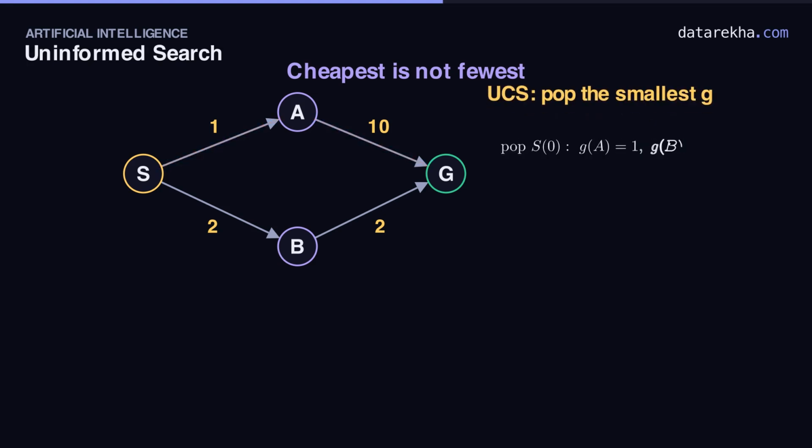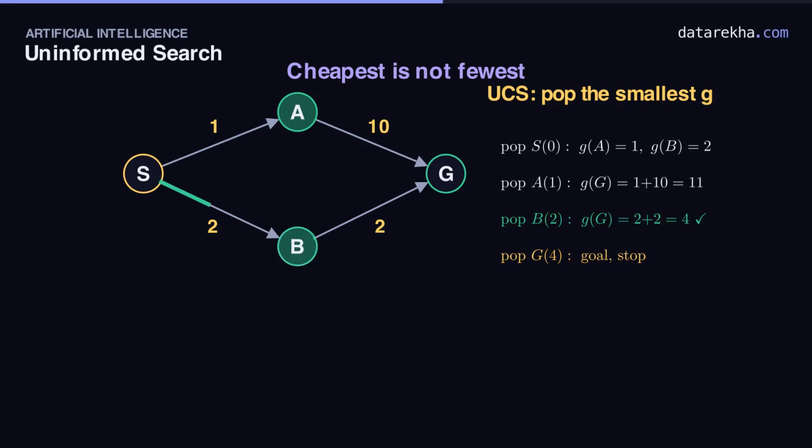Now watch uniform cost search. Pop S at 0. It sets g(A) to 1 and g(B) to 2. Smallest is A. So pop A next, and it reaches G with cost 11. But here's the discipline. It does not stop. 11 is not yet the cheapest thing in the queue. Pop B at 2. From B, the goal costs just 2 plus 2, 4, cheaper than 11.